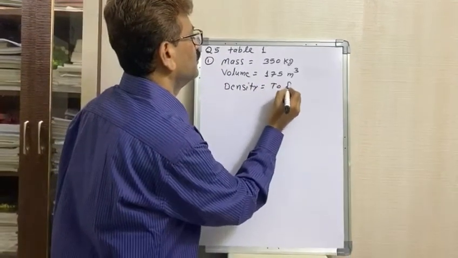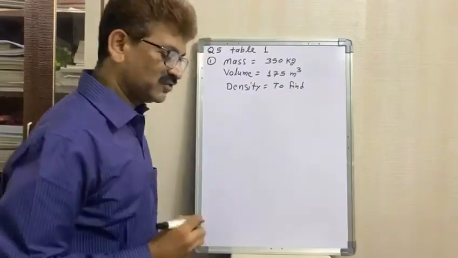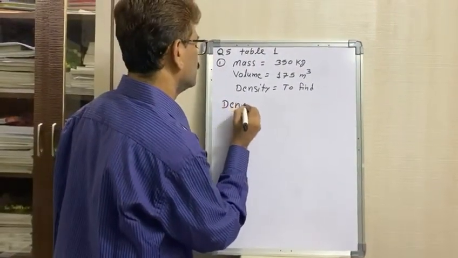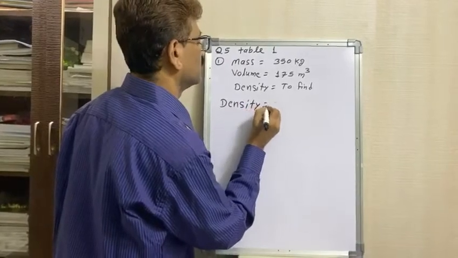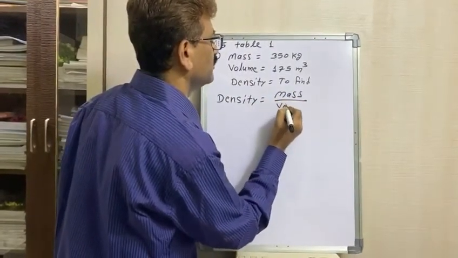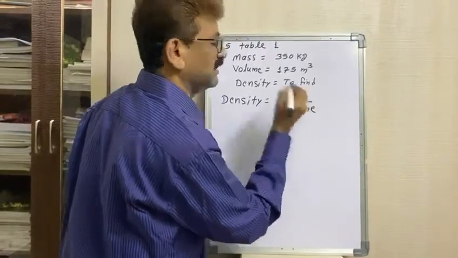So here we have to apply the formula: density equals mass upon volume.